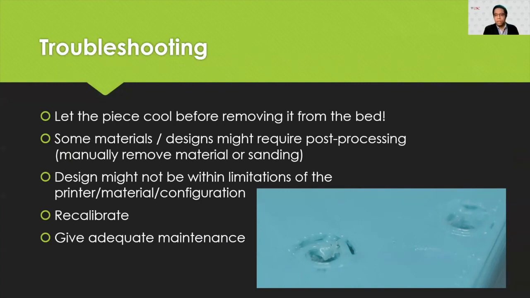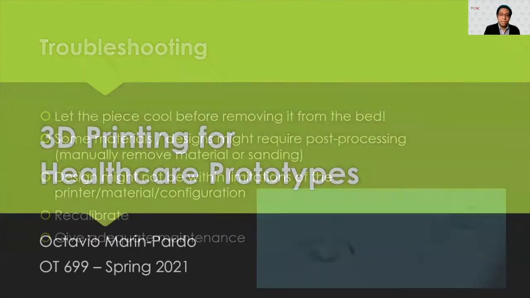So if, regardless of the material, design, and printing properties, things still seem a little bit off, it might be necessary to recalibrate the printer, or clean it, or lubricate or fasten some screws.